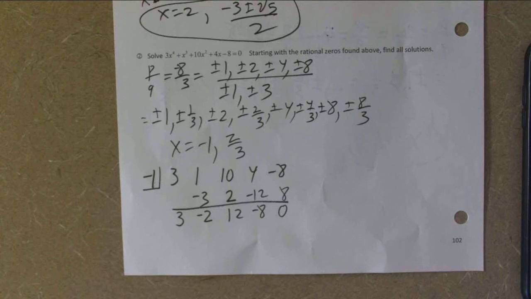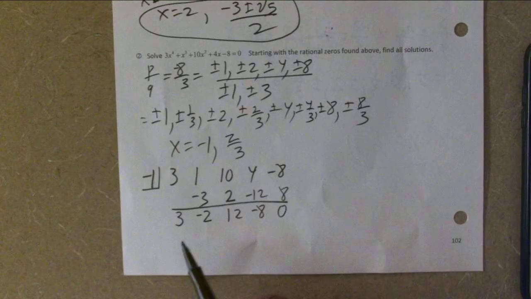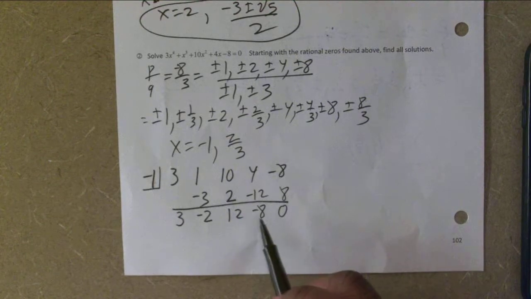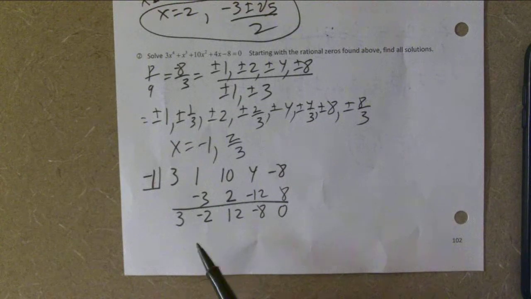All right, what is the degree of this equation here? 4. Okay, now, if we wrote this out, what would be the highest degree of this parenthesis here if we wrote it out? 3. It'd be 3x to the third, right?